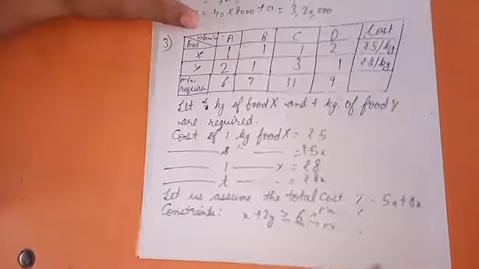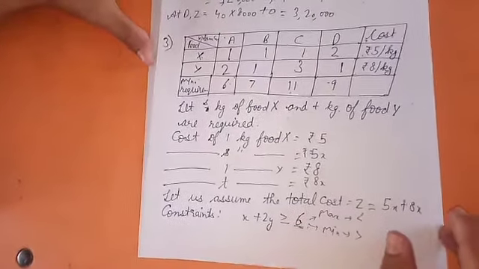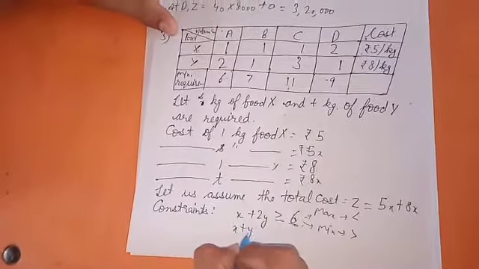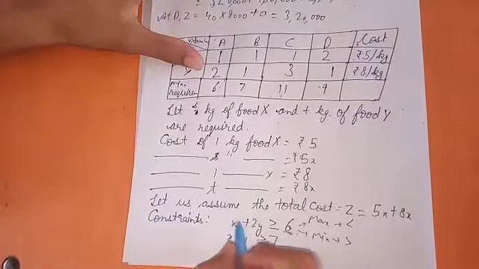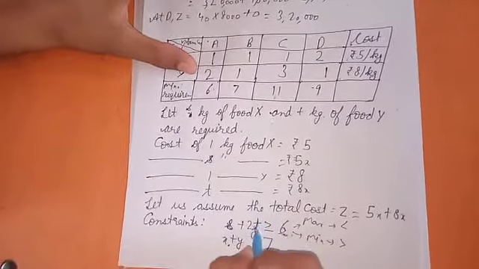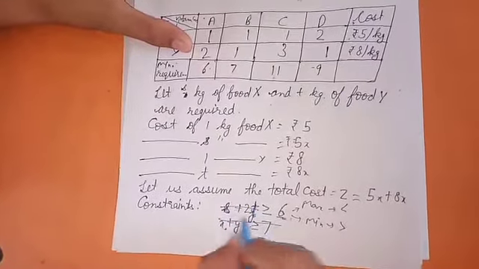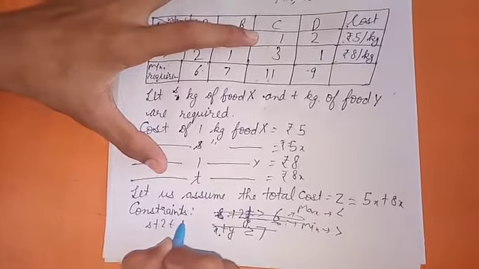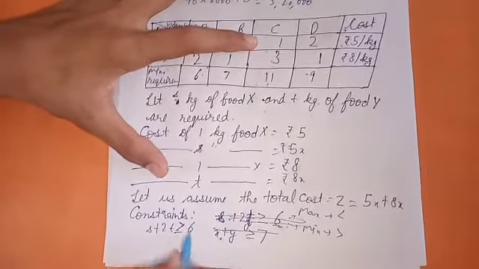Similarly, for the other vitamins, we use S and T here. S plus 2T is greater than or equal to 6.